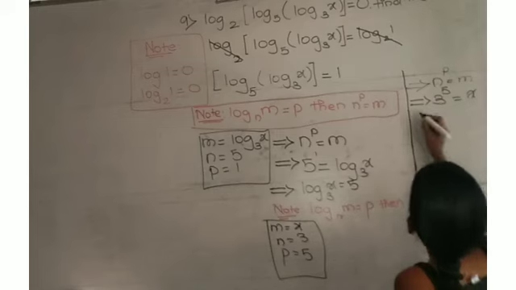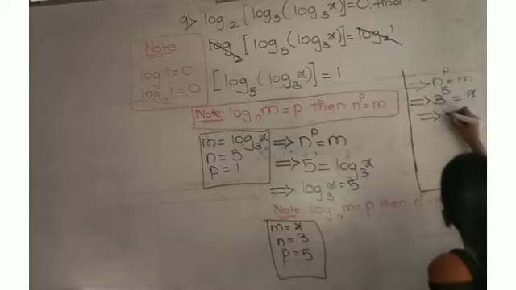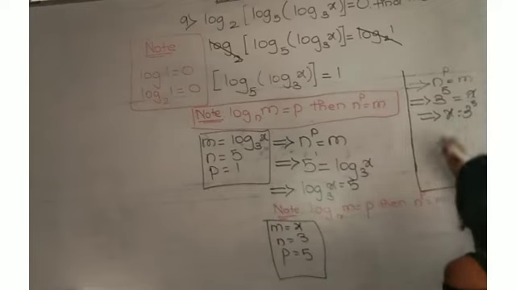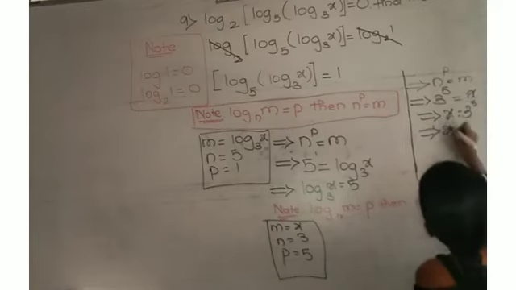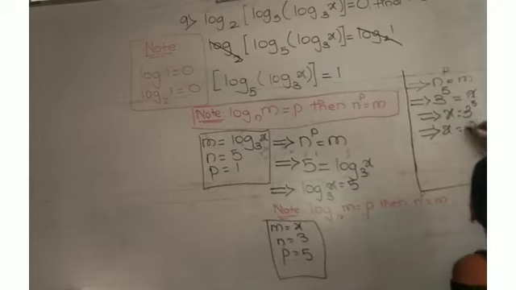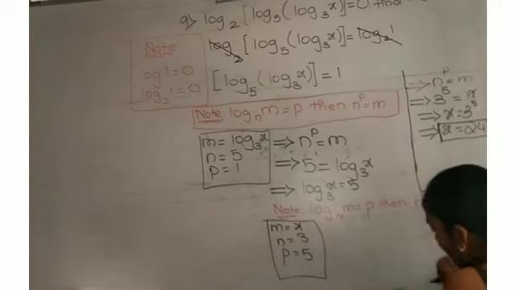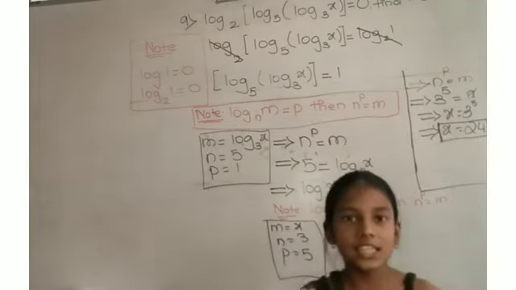So x. This we are going to write into the simple form. So x is equal to 3 raised to 5. When we are going to solve this, we are going to get x is equal to 243. The final answer for this question.